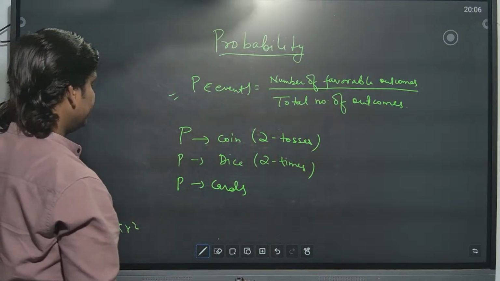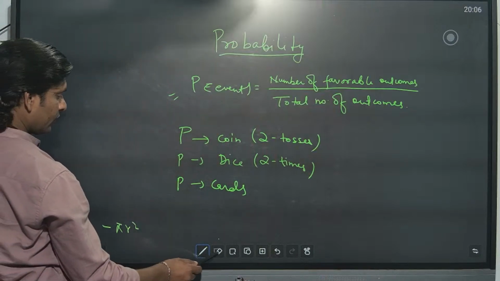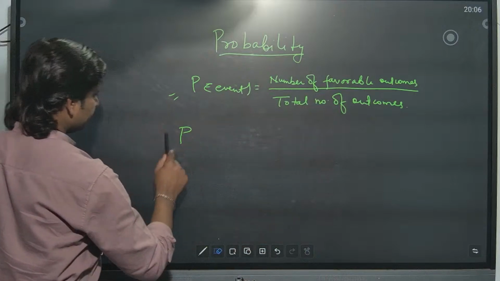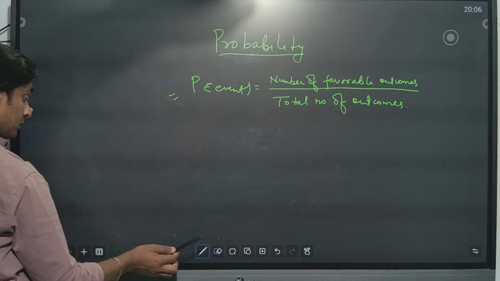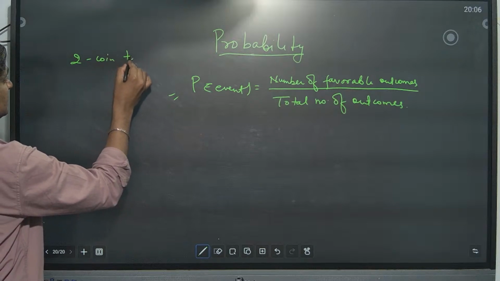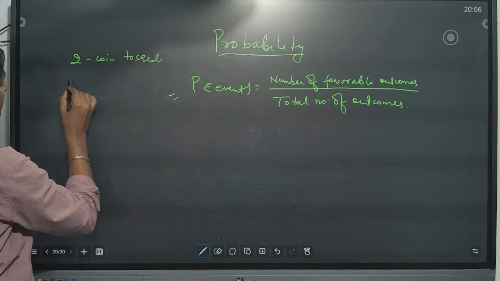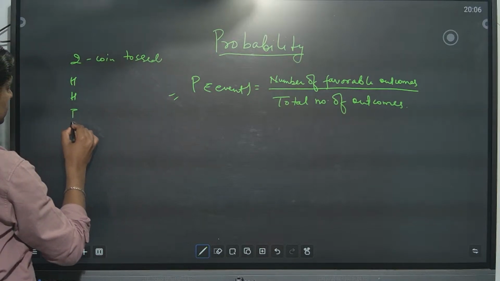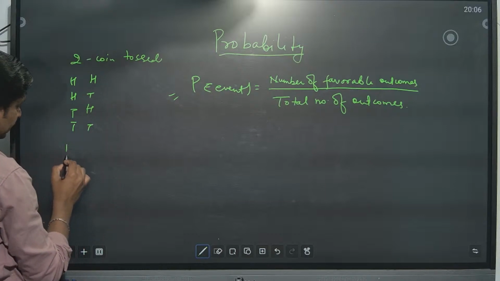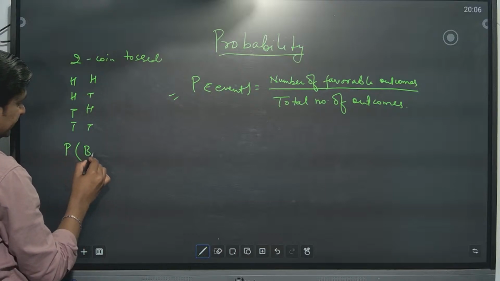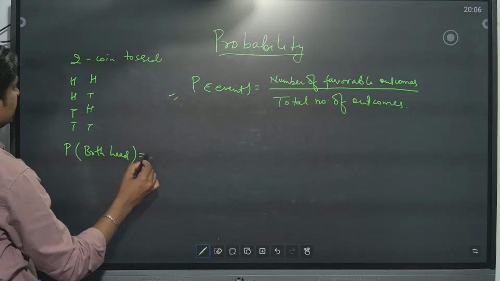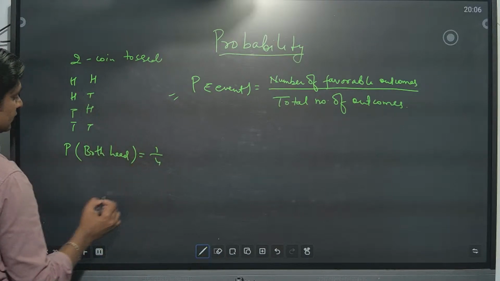So two coins tossed means, coin based questions we'll see first. If two coins are tossed, what are the possibilities? Head head, tail tail, head tail, head tail. What will they ask? Probability of getting both heads. Both heads, how many are there? 1 by 4.